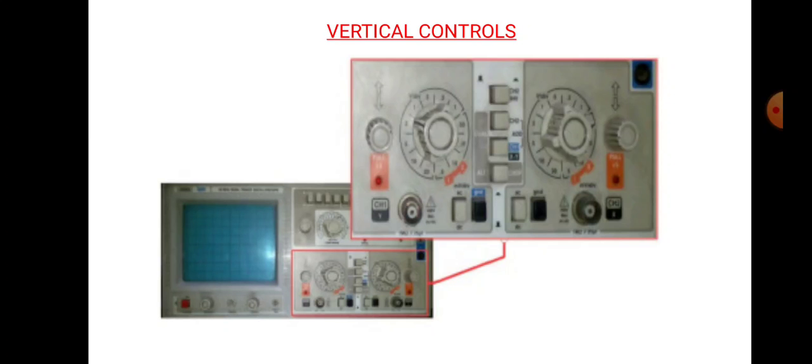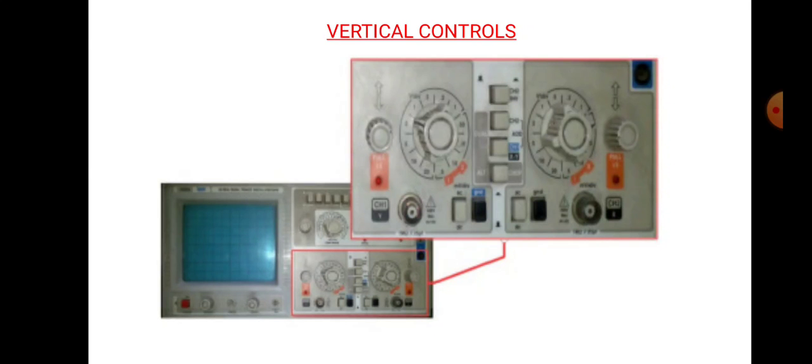Next, there is a position point here. This position control controls the horizontal position of the trace on the screen.